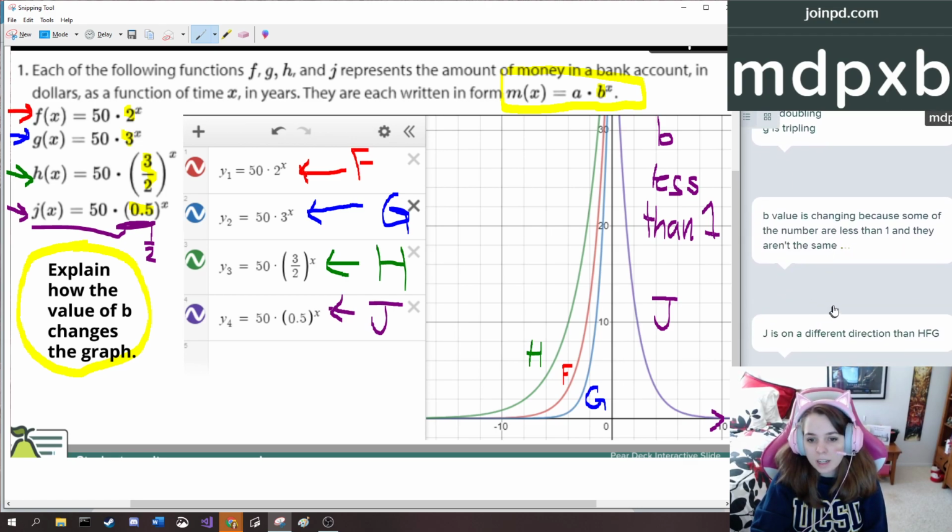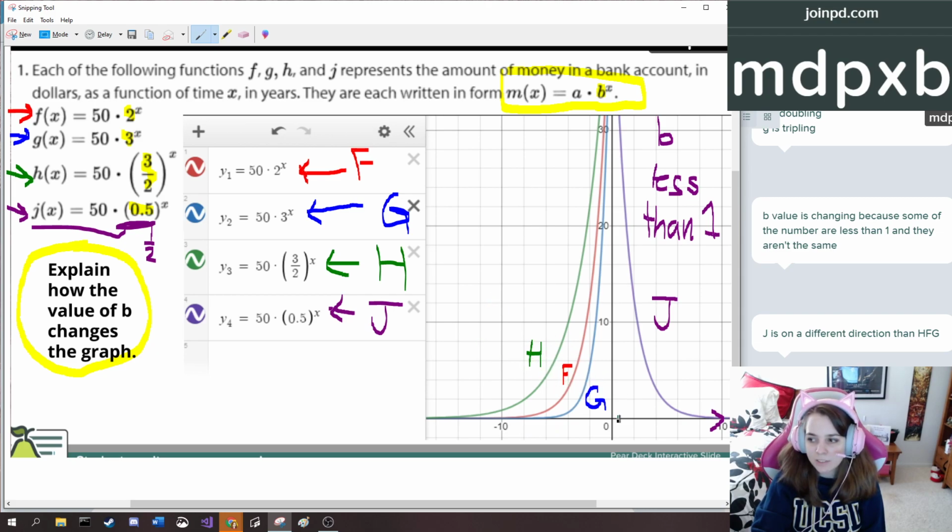Let's talk about the heights here. H is our highest. It seems to be higher than the other ones here at the curve. And then F. What is making these do that?